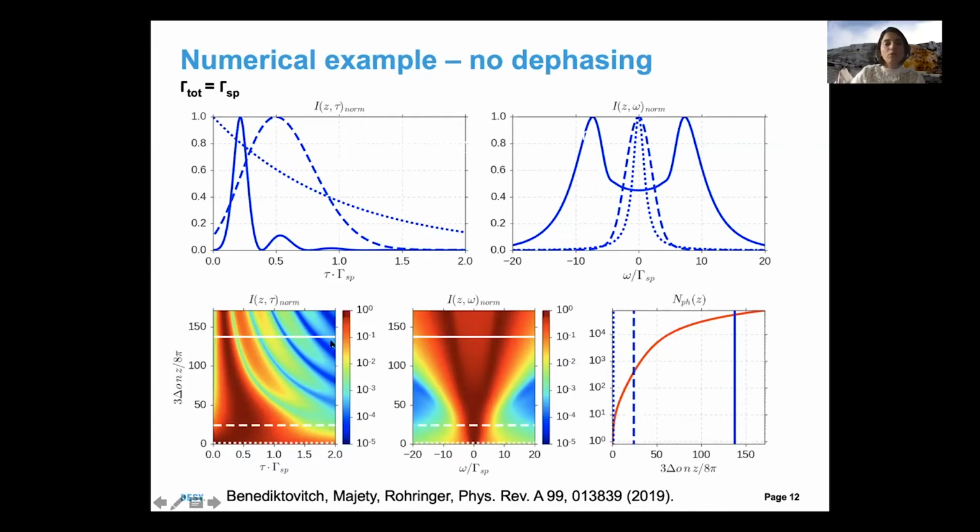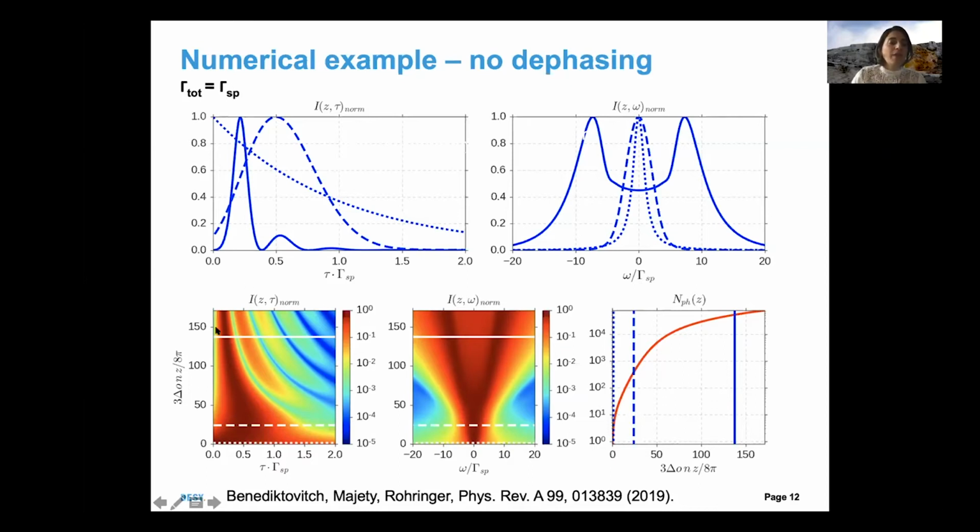If we go into longer samples, if we increase the optical density in the sample, we then see that at later points, we have emission that is delayed in time. And so we have the superradiant emission. The total emission yield, shown here as a function of propagation distance, is increasing, not quite exponentially, it's a sub-exponential increase, but it increases over many orders of magnitude. So we get all this amplification behavior.